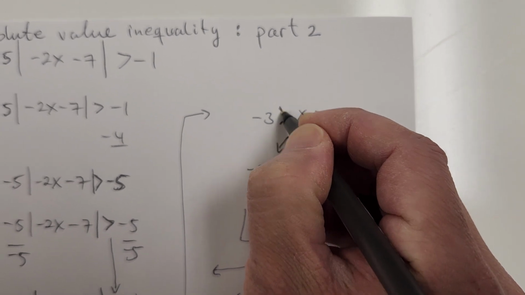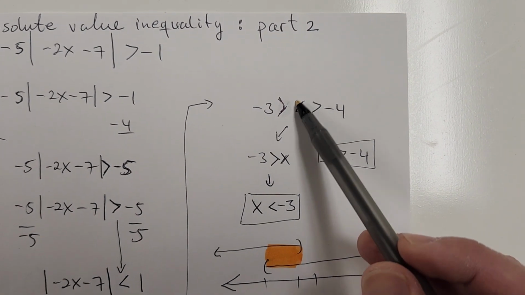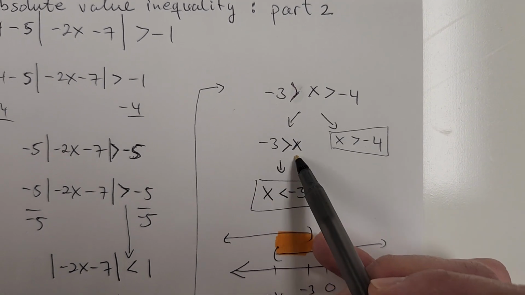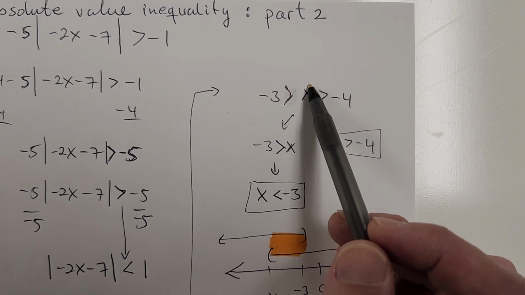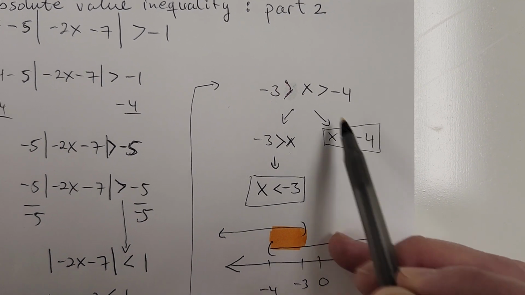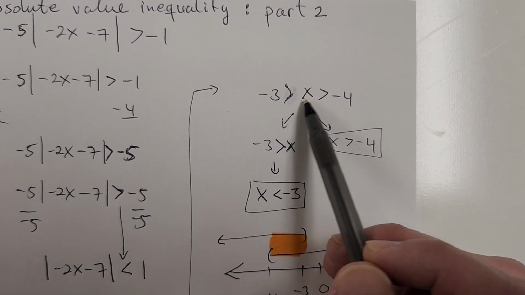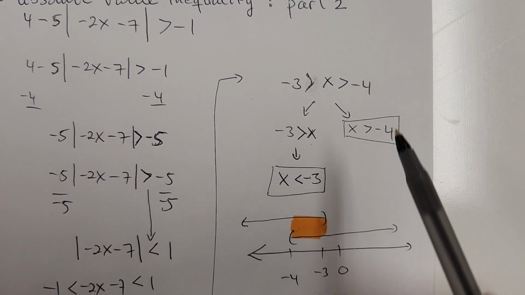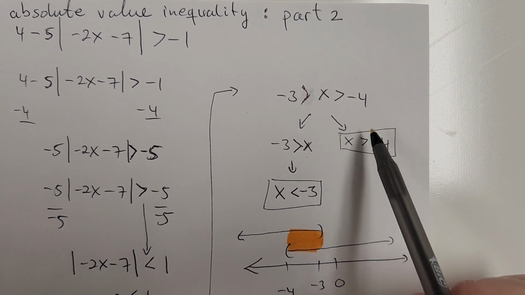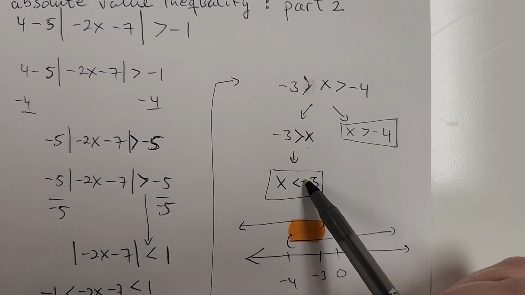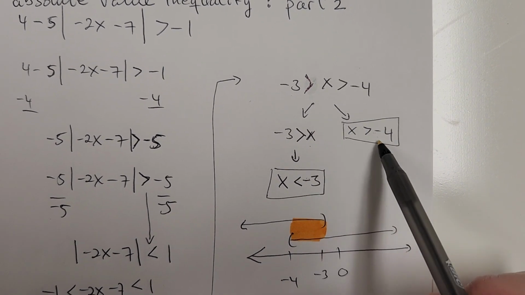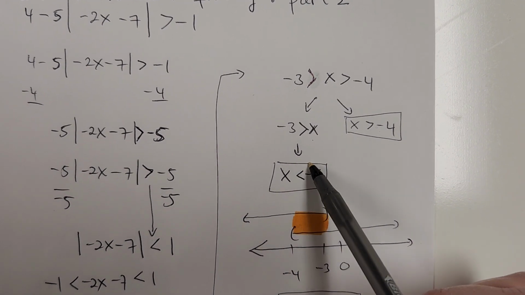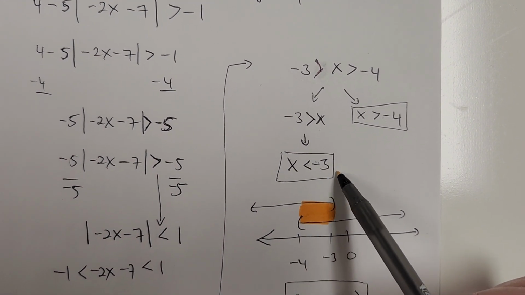So right side, leave it as is, left side, switch it to x less than -3. One more time, separate to the right, separate to the left. Right side stays. Left side, where I'm circling, switch to x less than -3.